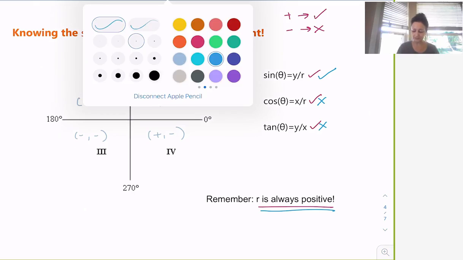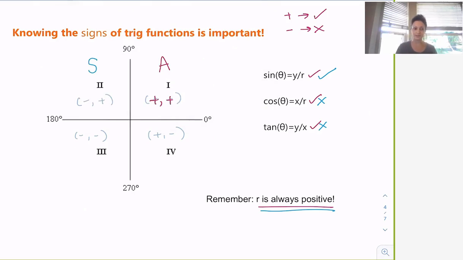Okay, moving on. Let's take a look at quadrant 3. X is negative, y is negative. So if I've got y over r, a negative over a positive, that's a negative, so that gets an X. Cosine, negative over positive, so no. But tangent, I have a negative over a negative, that is positive. So that gets a check mark.